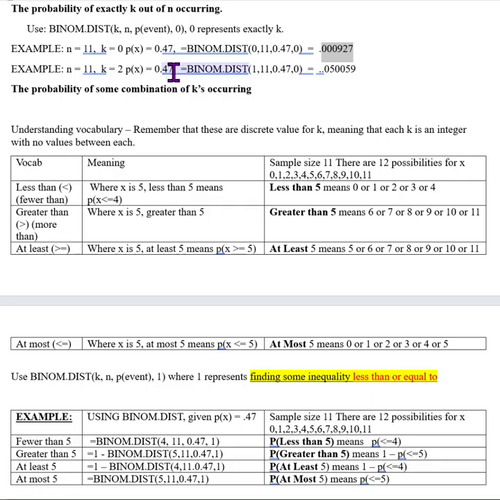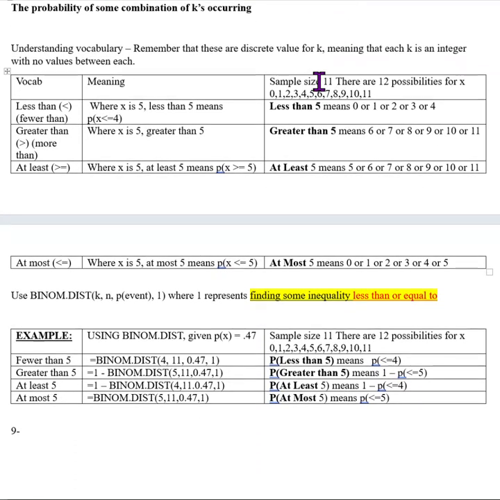Now we know 47 is not a legitimate lottery probability, but for our purposes, we'll use it. Binomial 2, 11, 47, and 0, meaning I'm representing exactly 2 lottery tickets won, and then this becomes my answer. That's pretty straightforward.